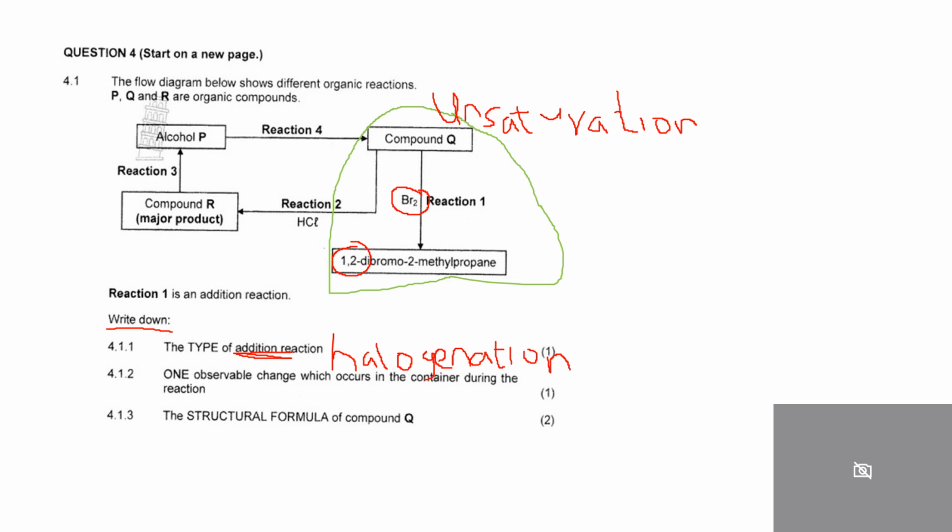I wouldn't advise you to say bromination, because you can also have chlorination and other types of halogens. So the type of addition reaction here is halogenation.